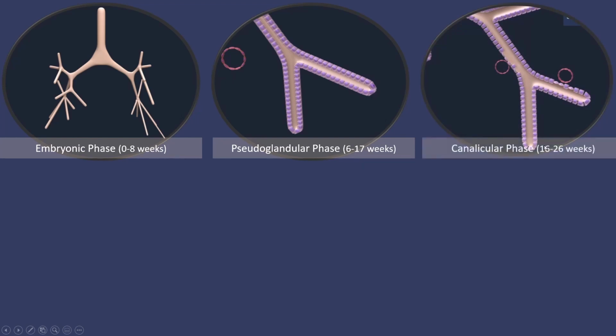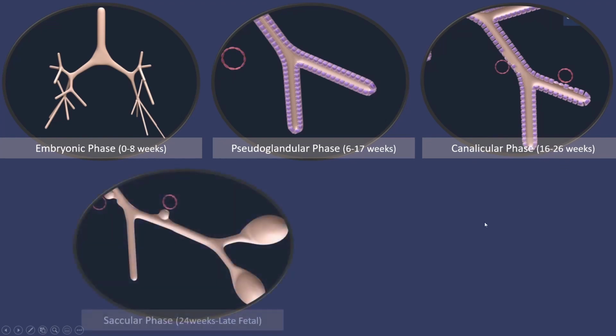Then there is the canalicular phase, in which there is formation of tiny tubes which then widen apart, and then there is formation of contact with the blood vessels. It starts from the 16th week till the 26th week of development. Then there is the saccular phase, in which the primordial alveoli or sacs are formed, and it starts from the 24th week till the late fetal period.